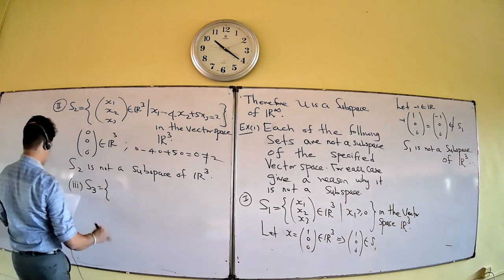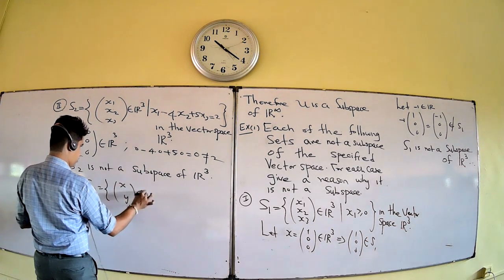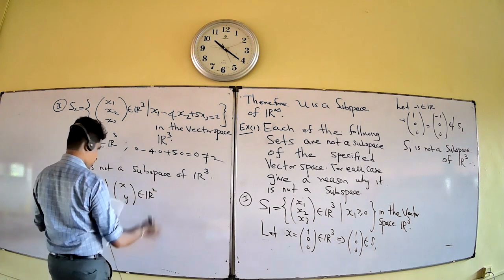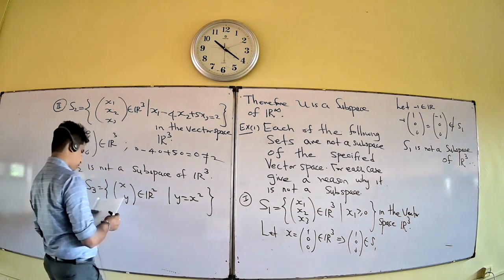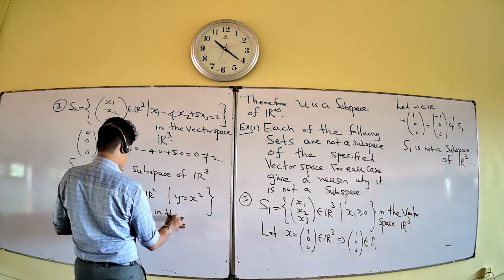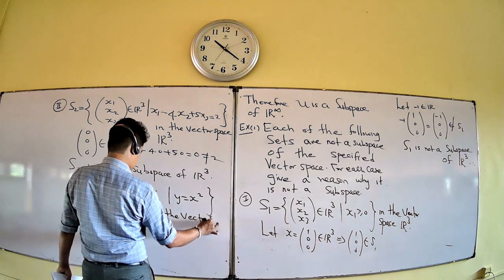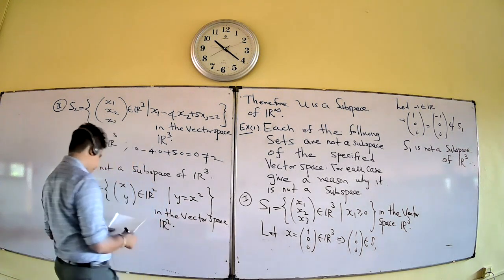S3 is the set of (x, y) belonging to R squared with y equal x squared, in the vector space R squared.